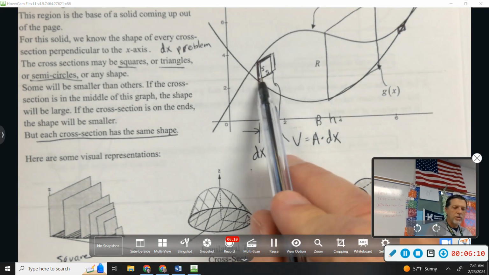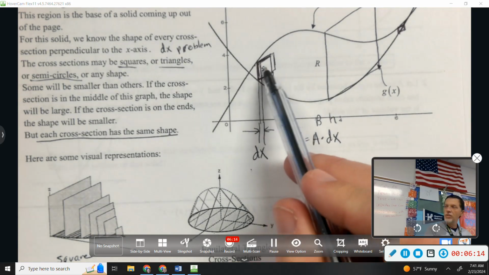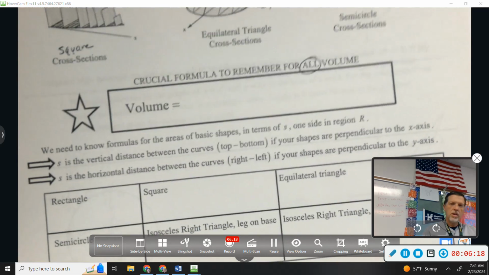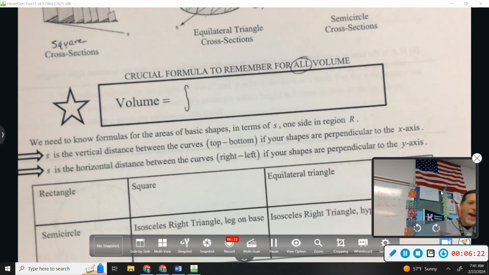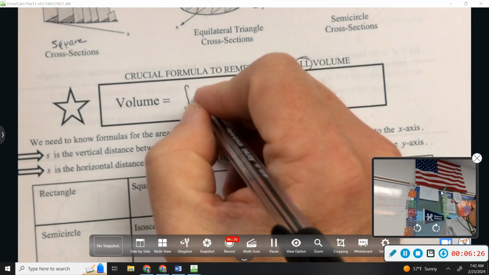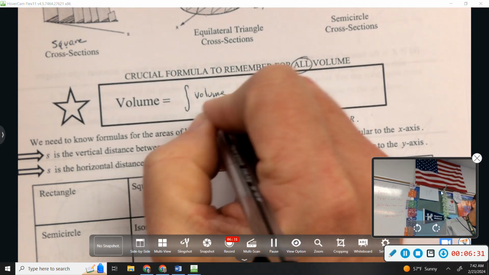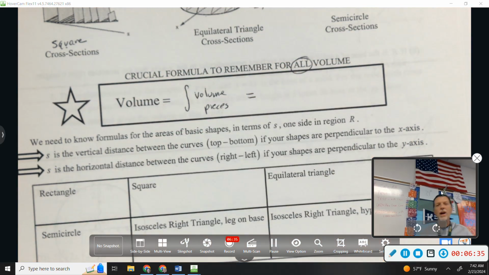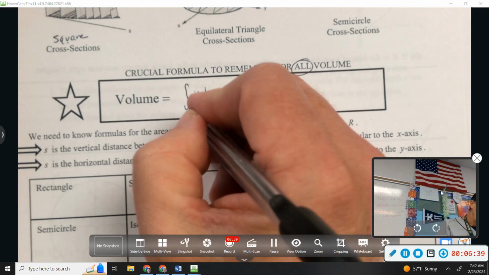And then what we want to do is add up all of those little volumes from A to B. So there's our big integral sign. I'm going to say add up all the volume pieces. First of all, that's not our equation, but that's how we think of it. We're going to add up all the pieces from A to B.